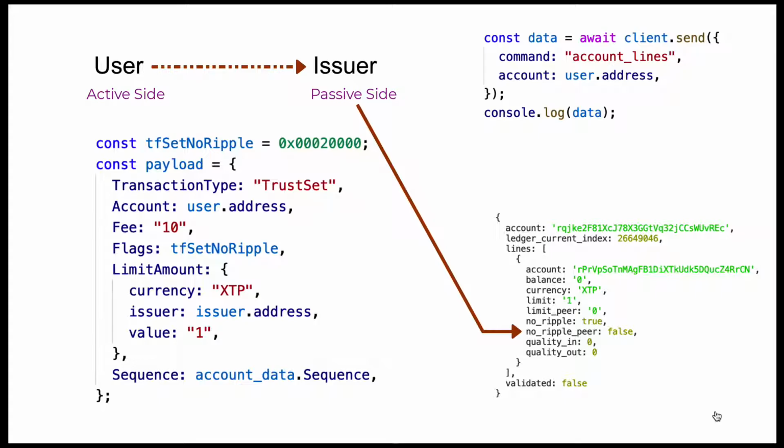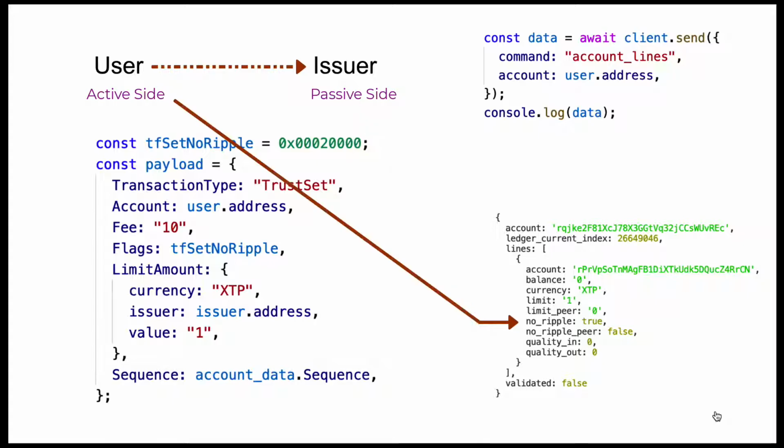That is, if the account has the default ripple flag enabled, then no ripple peer will have a value of false, which means rippling is enabled on this trust line. If the account does not have the default ripple flag enabled, then no ripple peer would have a value of true, which means rippling is disabled on this trust line.